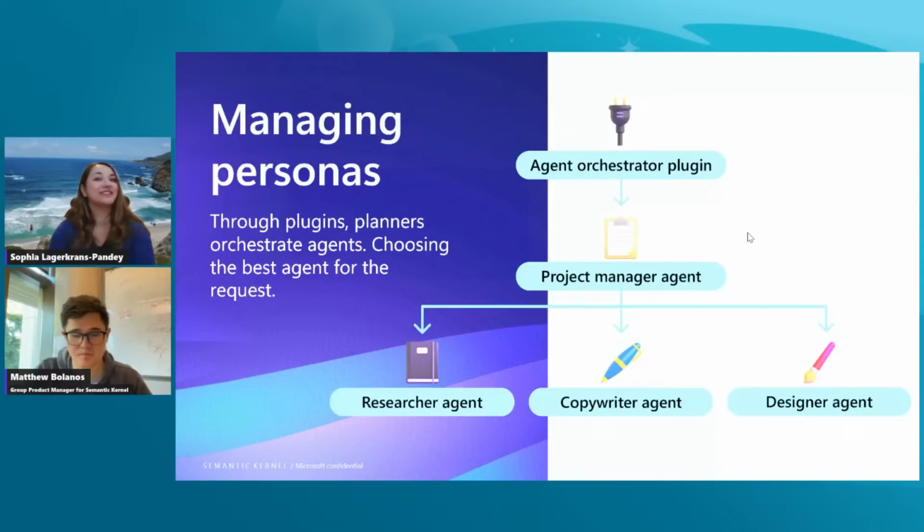Coming back to that blog post example, if I had made the request of help me draft a blog post, you would then engage with that agent orchestrator plugin, which would bring in that project manager agent. That agent would understand the scope, the timeline and the pieces to call. The project manager agent would go first and call that researcher agent to do any research that you would need.